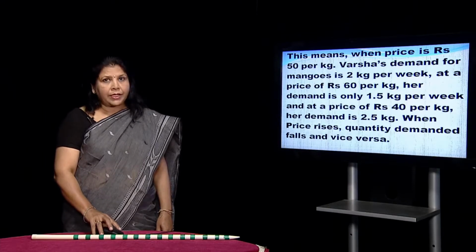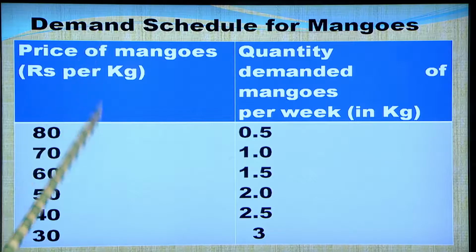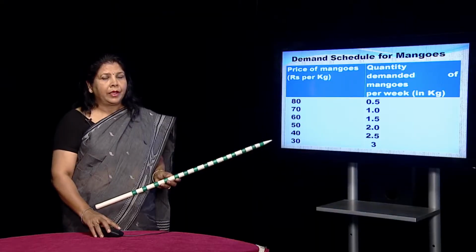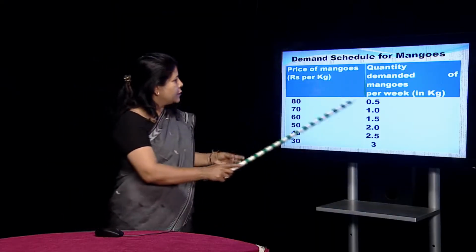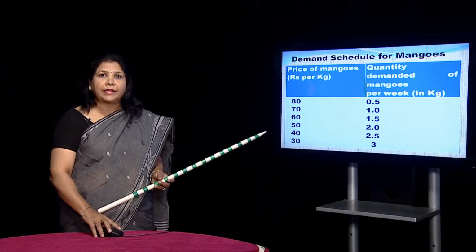This situation, we can write in a tabular form. We had taken up these 3 instances and others have also been added so that we get a good table and a demand curve. If we plot these points on the 2 axes and join these points together, what do we get?